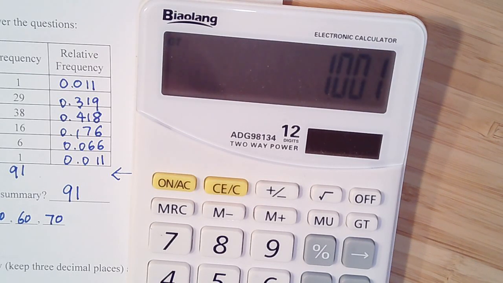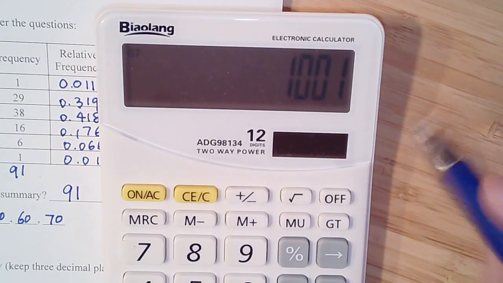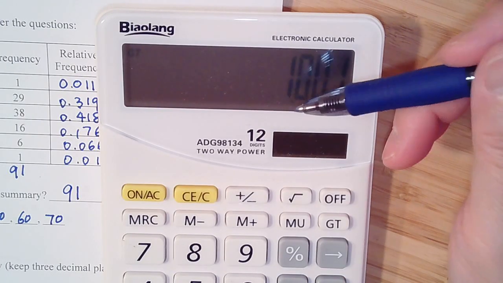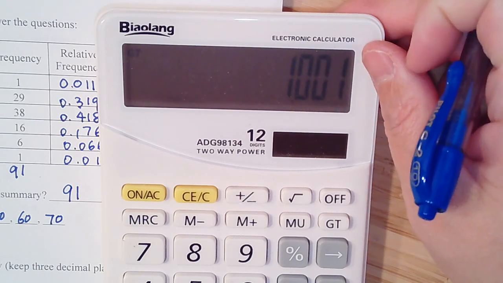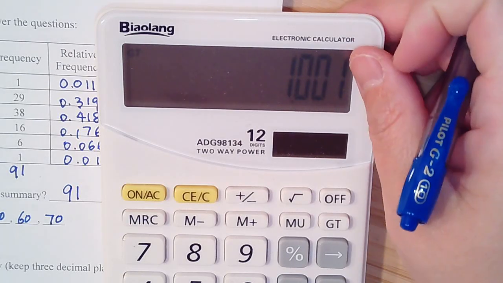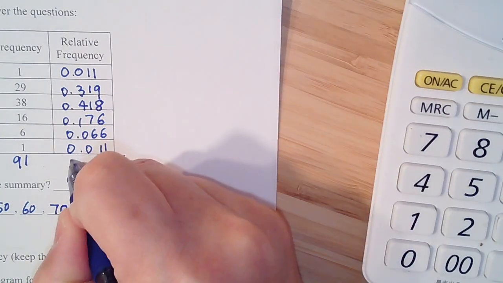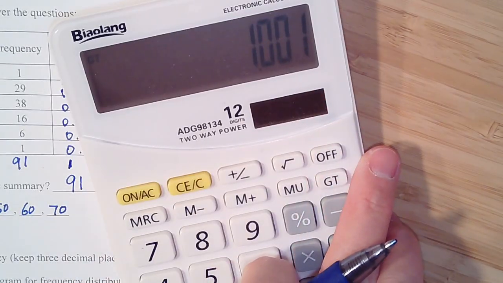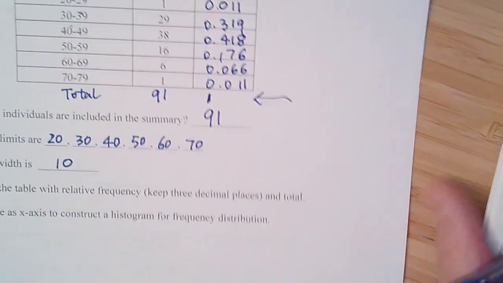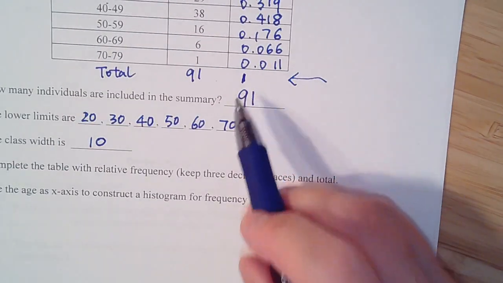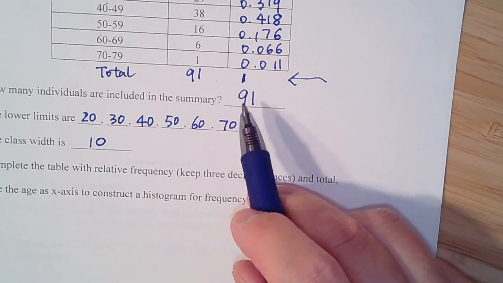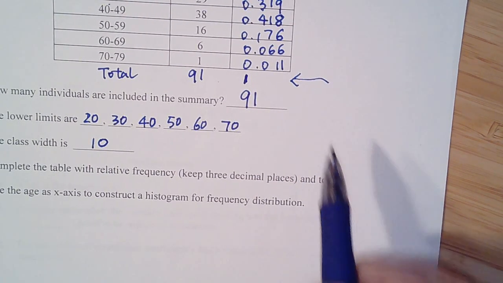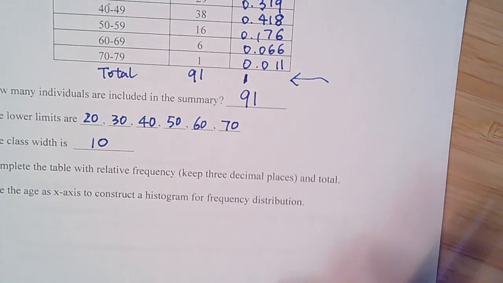Ding! I got 1.001. Where is this coming from? Rounding error. We only keep 3 decimal places, so we have some rounding error. If you find your answer is like 1.001, or 0.999, which is really close to 1, you know it comes from rounding error, you can just put a 1 here, and you know you're doing things correctly.